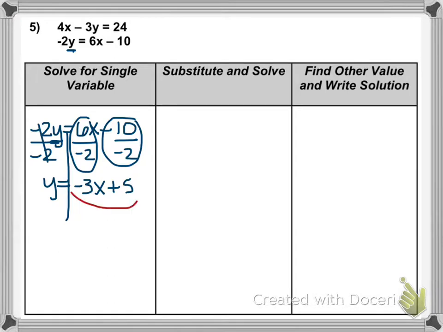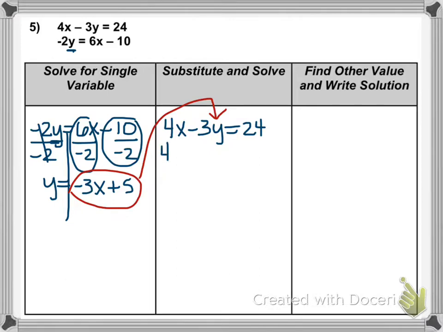So y equals the expression negative 3x plus 5. Now I'll write the equation that I haven't used yet, which is 4x minus 3y equals 24.